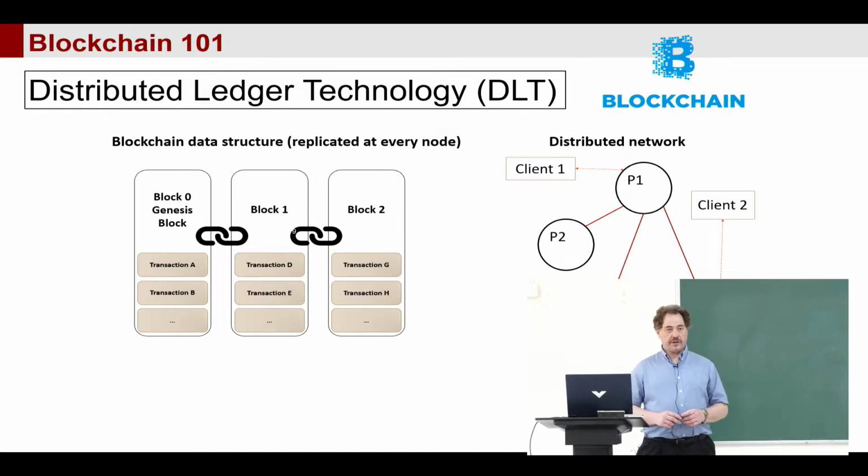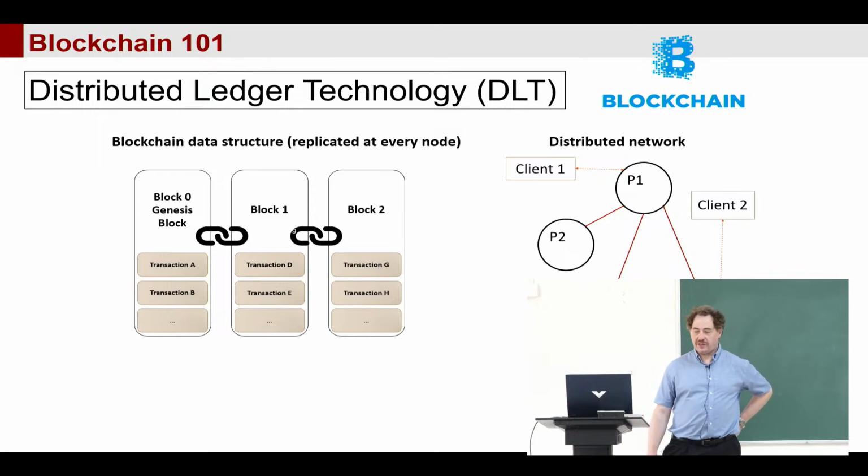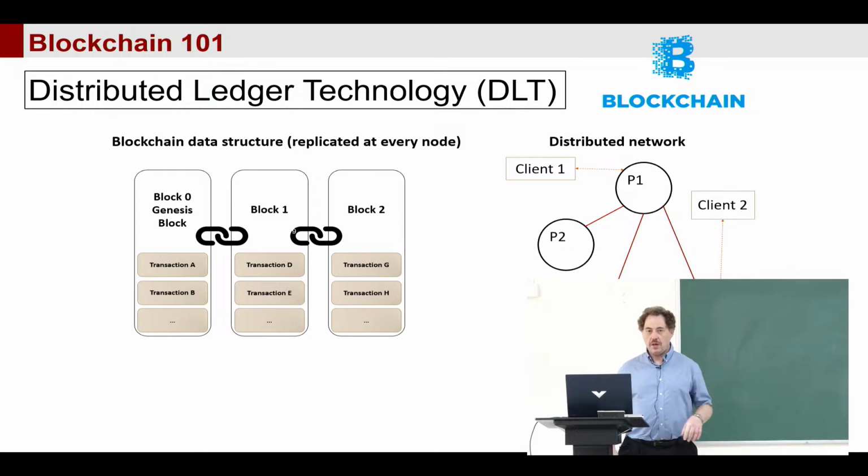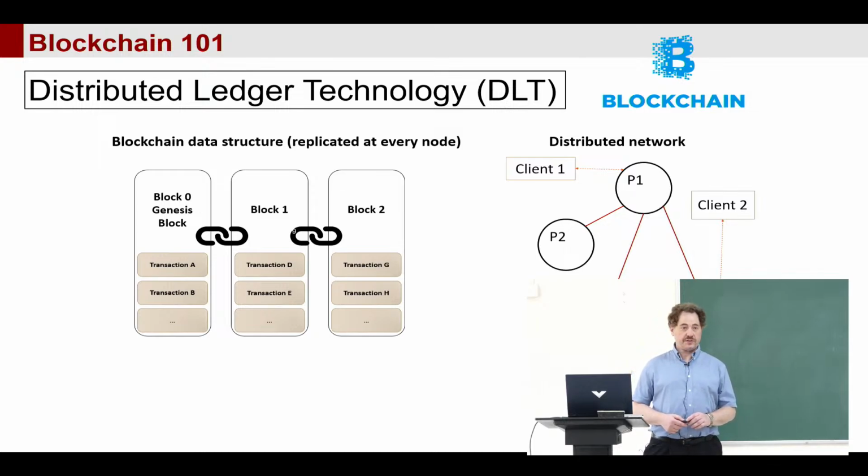The data structure consists usually of a chain of blocks cryptographically linked to each other. I'm going to talk in lecture number 4 about what it means to be cryptographically linked. Each block contains a number of transactions. Could be financial, but not necessarily. Could be any transactions in the broad sense of the word.